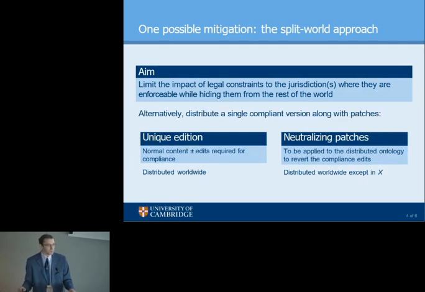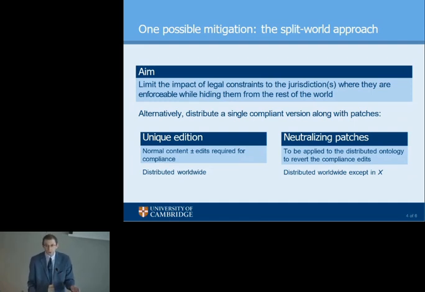Or alternatively, prepare and distribute a single censored version, but accompany it outside of the censoring country by patches that you can apply to the censored ontology to revert it to a non-censored state.